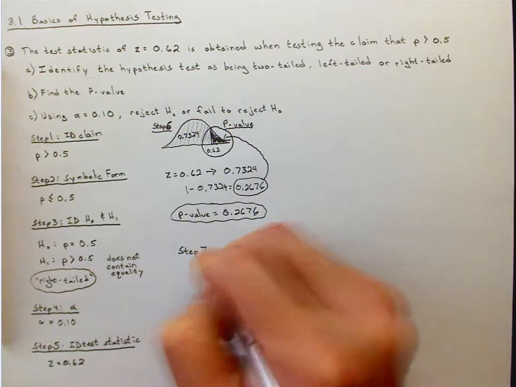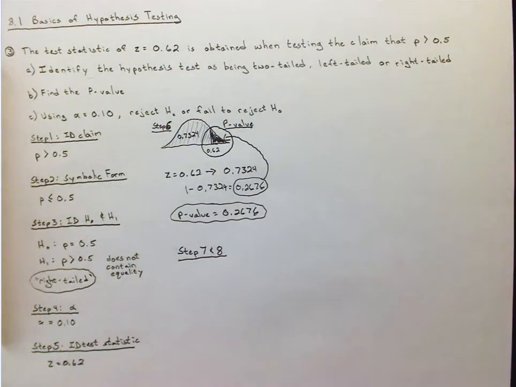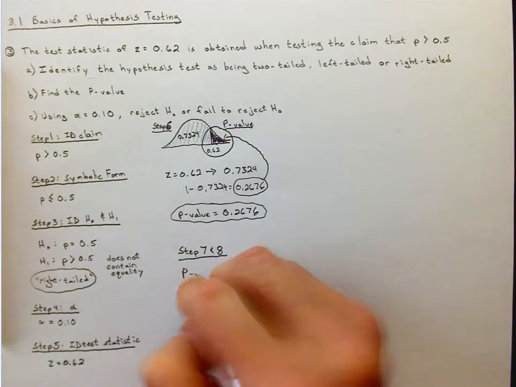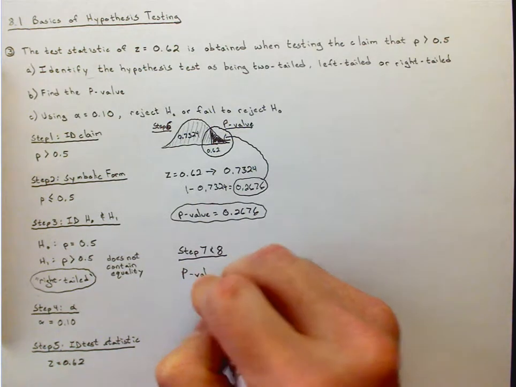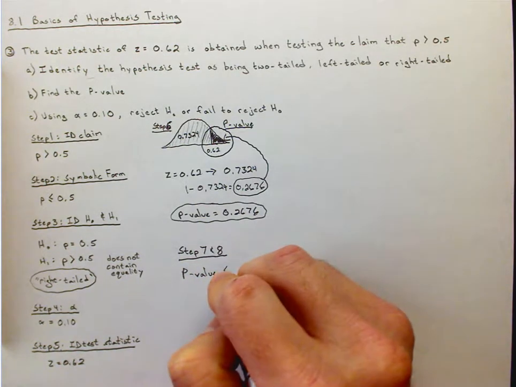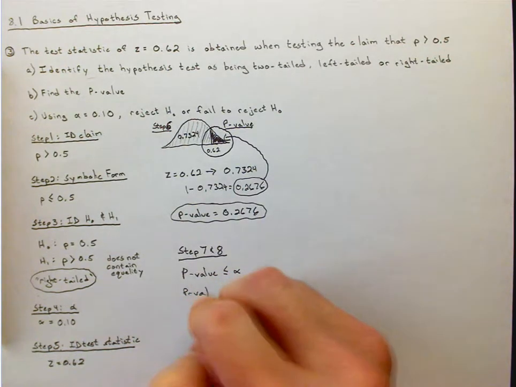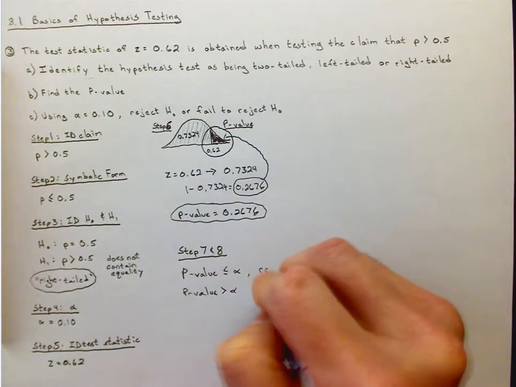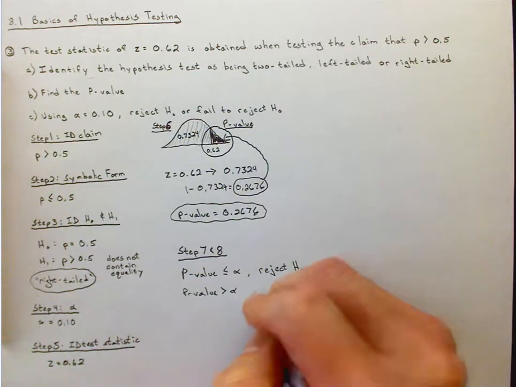And step 7 and 8 are combined. This is where we're going to determine to reject or fail to reject. And how I do that: if the p-value is less than or equal to alpha, we reject the null hypothesis.